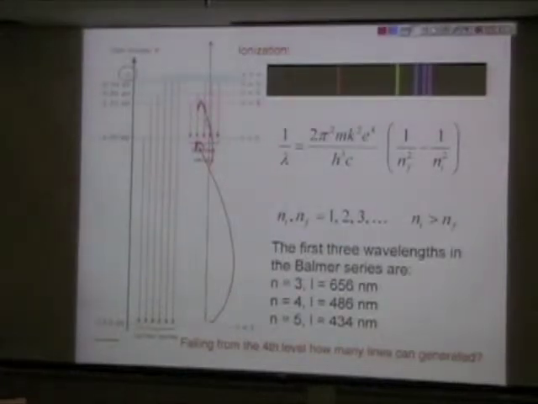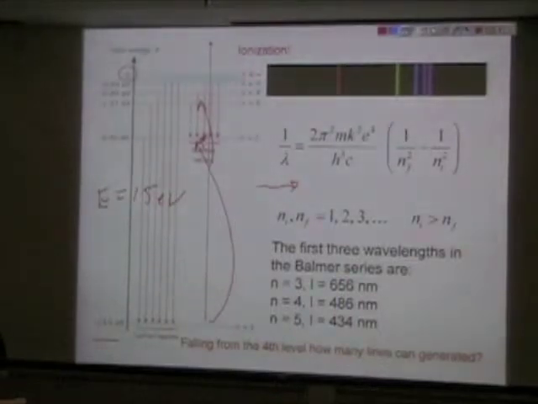So if you have a photon with energy about like 15 electron volts, what would happen? Well, the electron could jump to the second level, and a photon with lower energy would still be traveling away, so it would change its frequency.